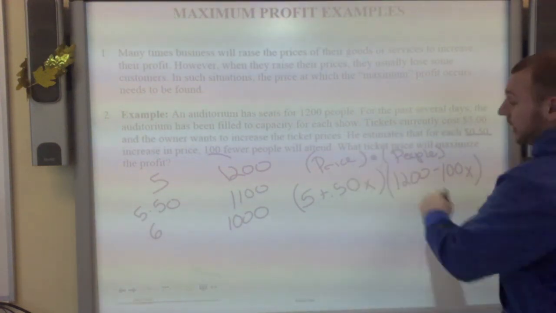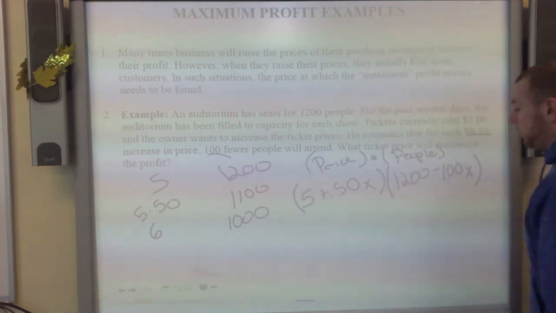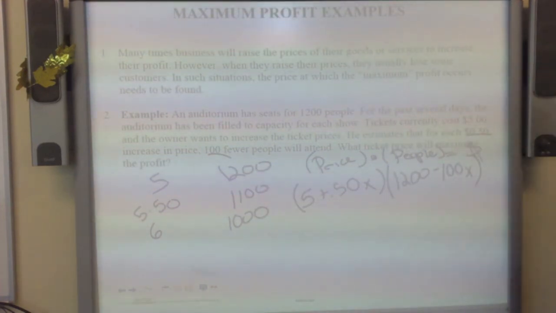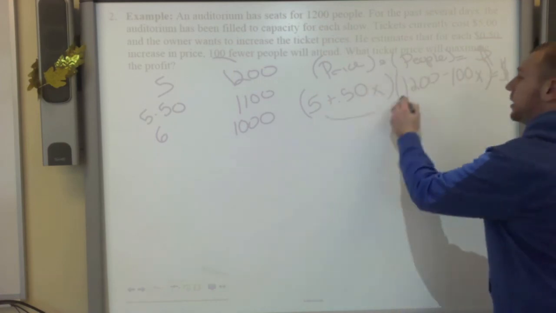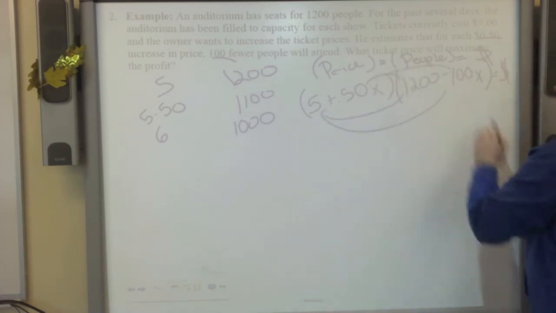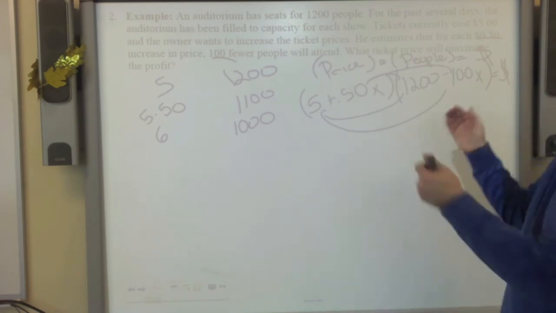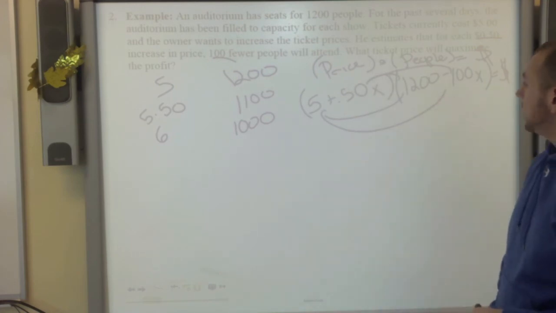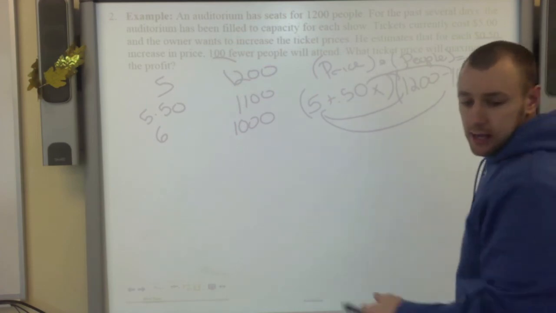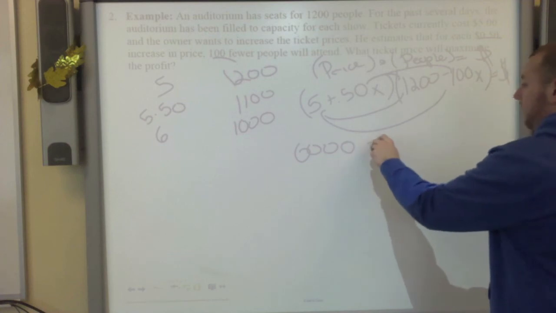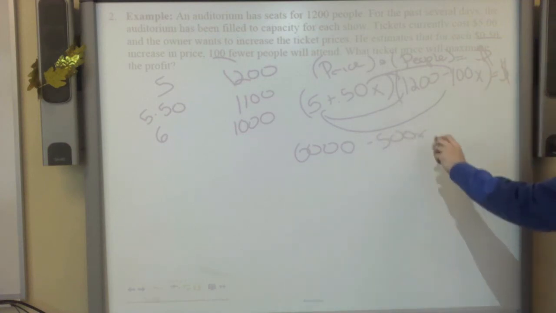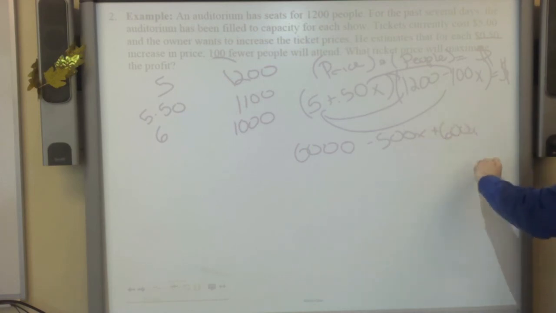If I multiply the price times the people, I get how much money I'm going to make, right? So what I'm going to do is FOIL these two expressions out. So I get 6,000 minus 500x plus 600x minus 50x squared.